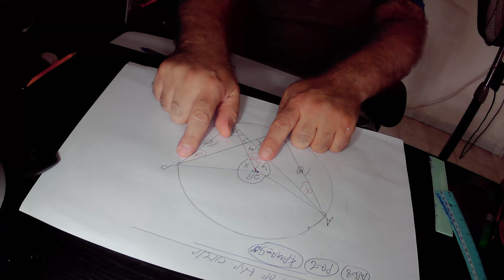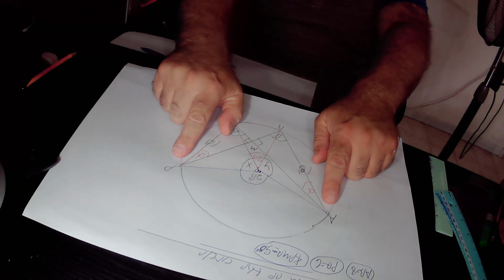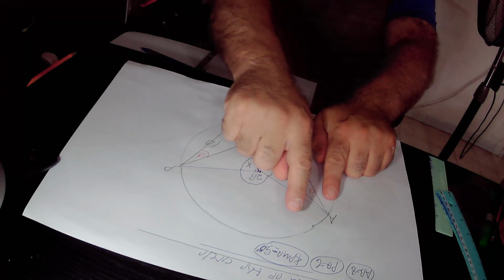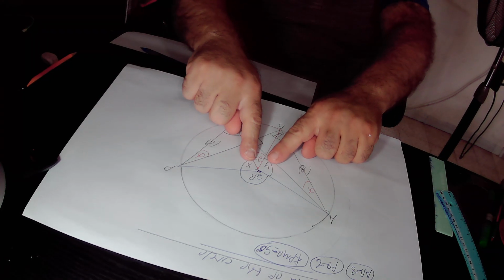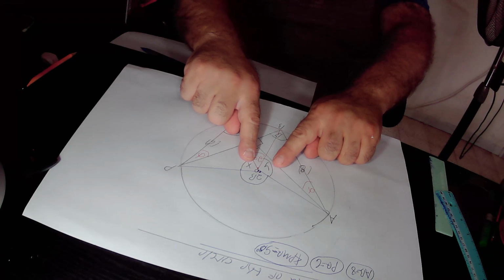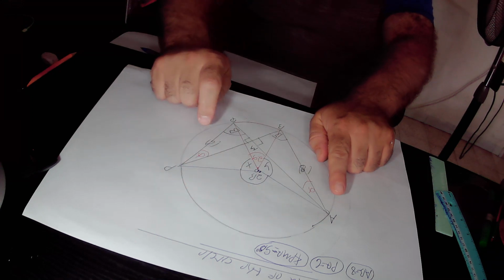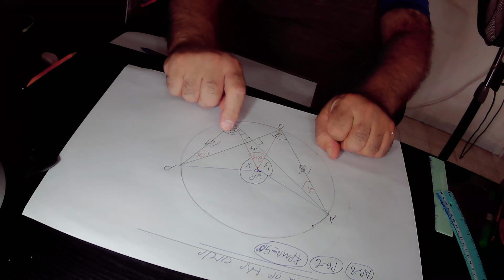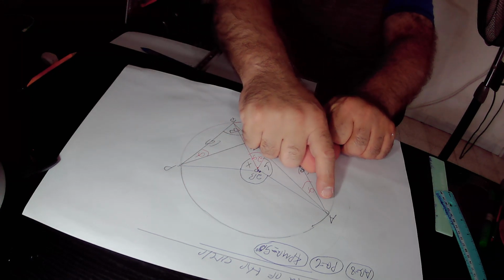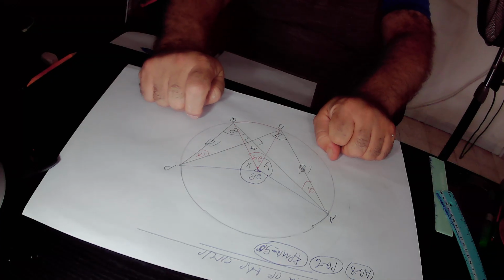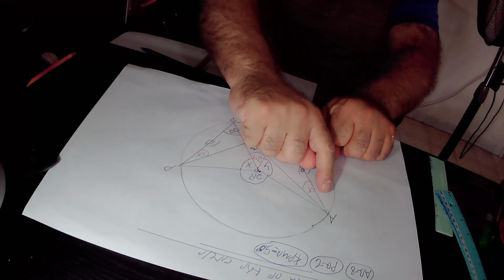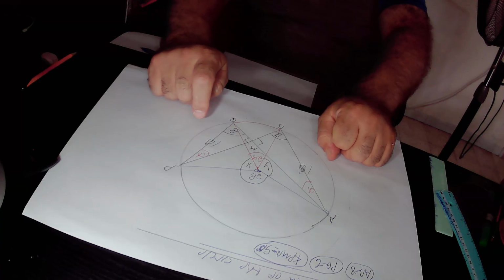Again, the two radii of central angle AOP form arc AP. So this is central angle AOP that subtends arc AP.